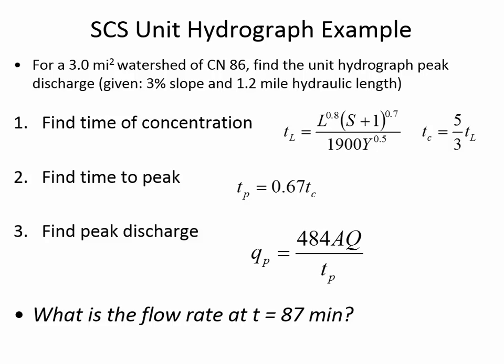Okay, so the hydrograph looks like this. The peak is going to be 1992 cubic feet per second per inch of rainfall excess.